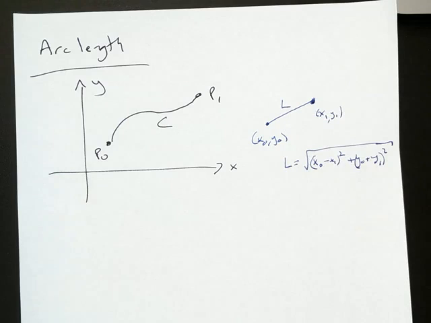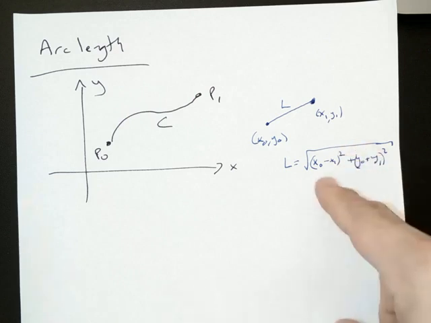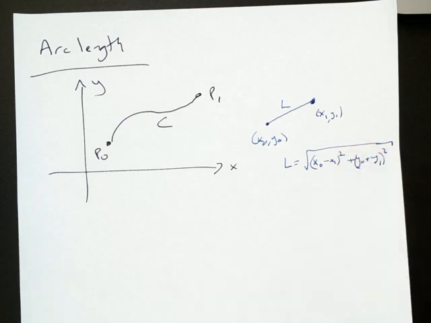That's easy. So how can I take that and apply it somehow to help me figure out the length of that curvy thing over there, C? Because this formula only works for perfectly straight lines. Well, line segments.